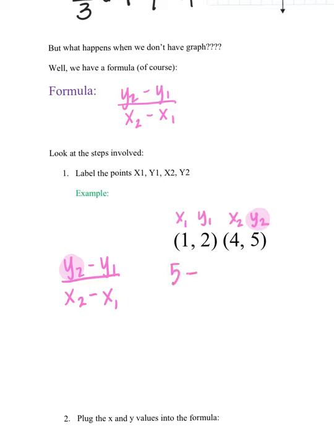5 minus y1, which is 2, over x2, which is 4, minus x1, which is 1.